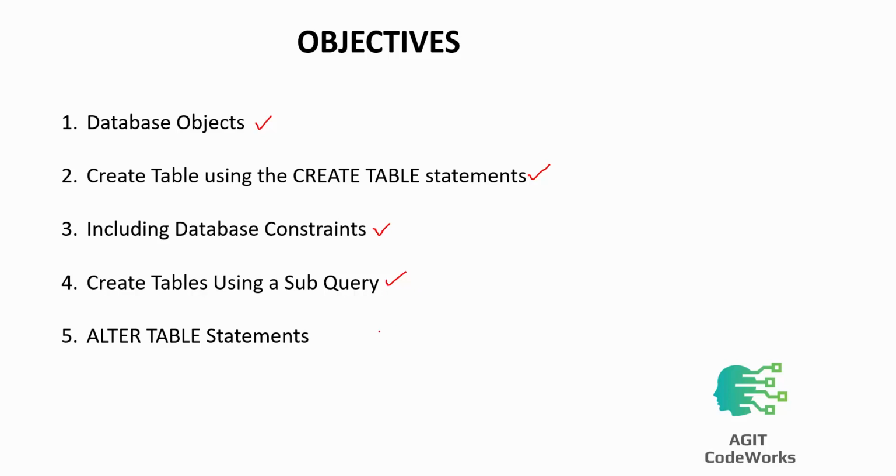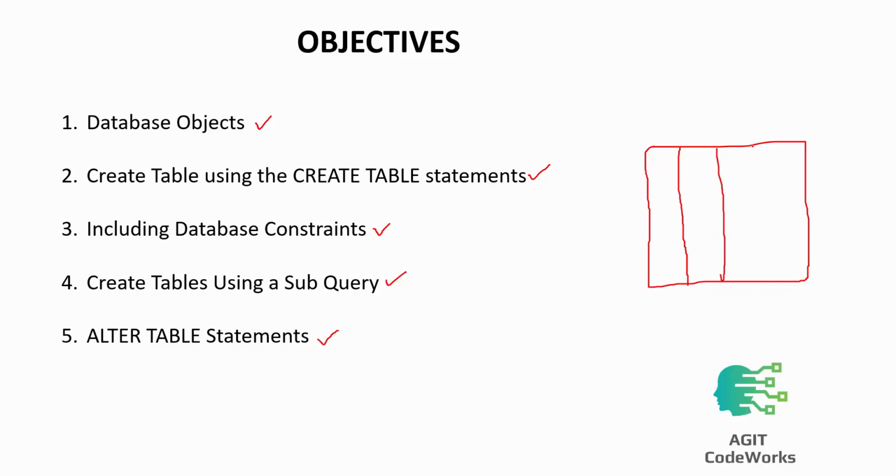All right. We are also going to be talking about how to alter tables, the alter table statement. This is usually useful when after you've already created a table, later on you want to add a new column, rename a column, or drop an existing column. For example, I could have a table, let's say my staff table, and this is all my staff, their last names, their first names, their salary column, and then their hire date.